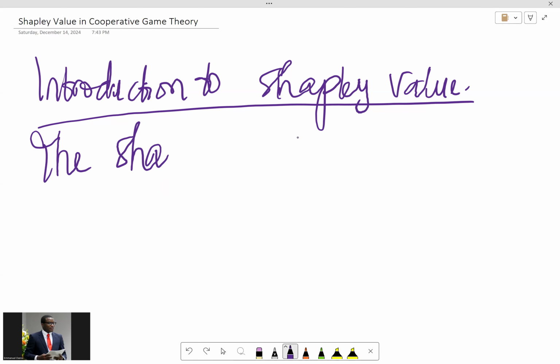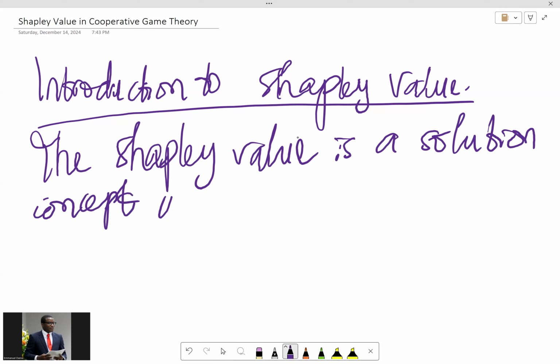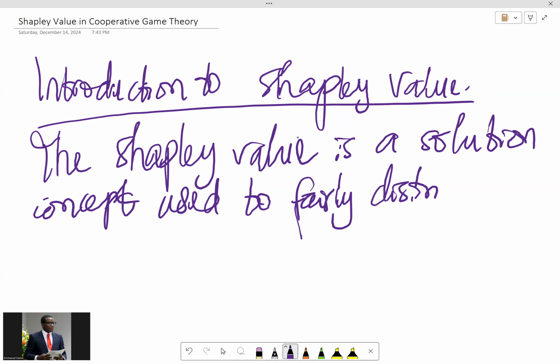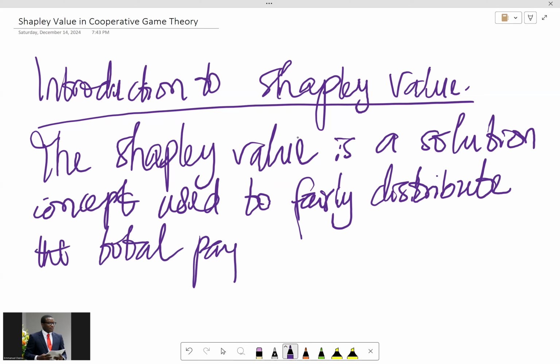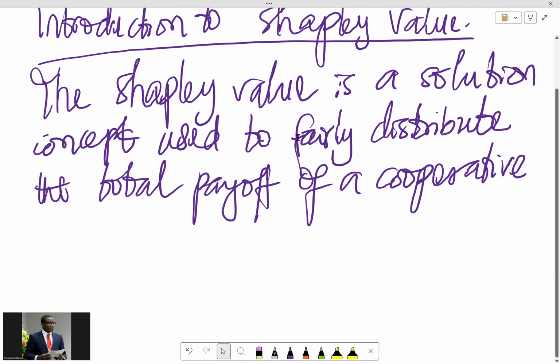The Shapley value is a solution concept used to fairly distribute the total payoff of a cooperative game. So the fair distribution of the total payoff of a cooperative game, that's what this is about.